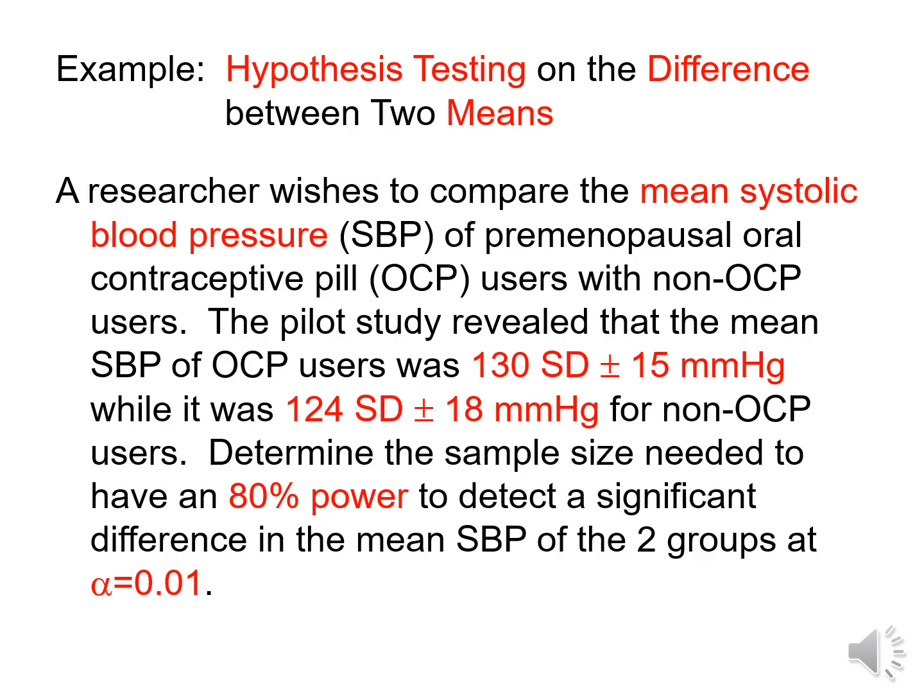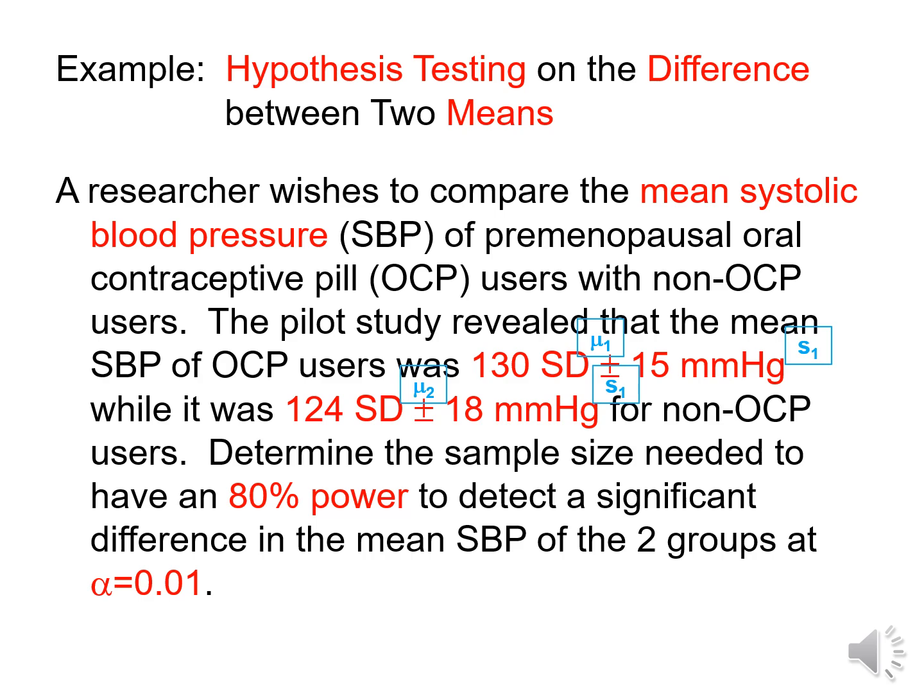As an example, a researcher wishes to compare the mean systolic blood pressure of premenopausal OCP users with non-OCP users. A pilot study reveals that the mean systolic blood pressure of OCP users was 130 millimeters mercury with a standard deviation of 15, while it was 124 millimeters mercury with a standard deviation of 18 for non-OCP users.